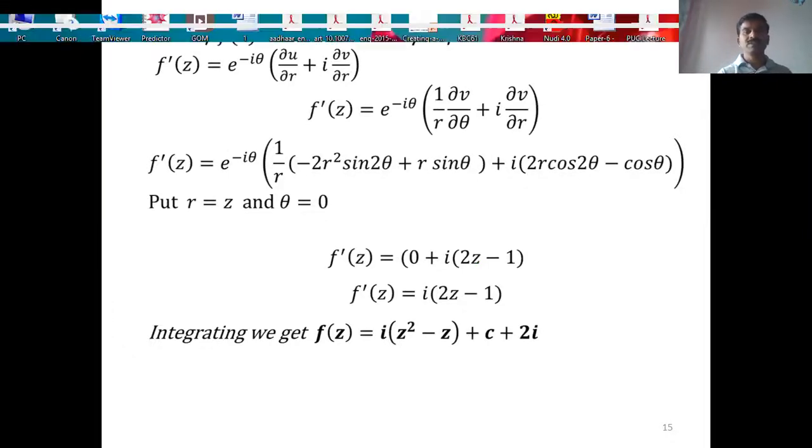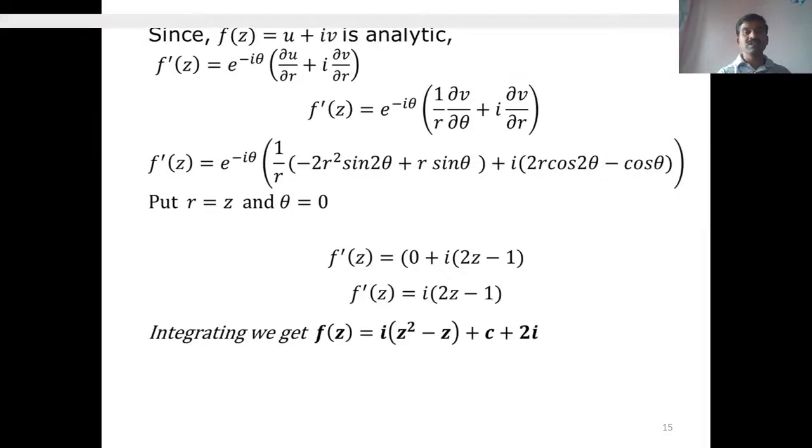Since v is given, we translate dou u by dou r using the CR equations as 1 over r dou v by dou theta, because we only have derivatives of v with respect to theta and r.